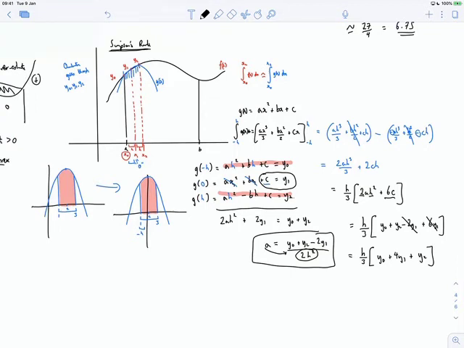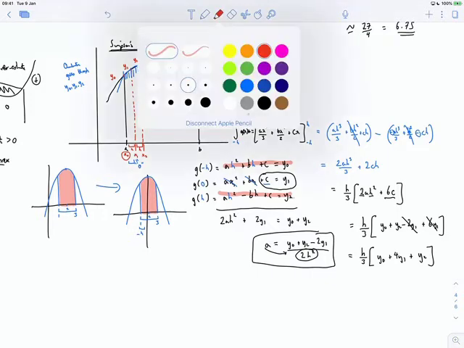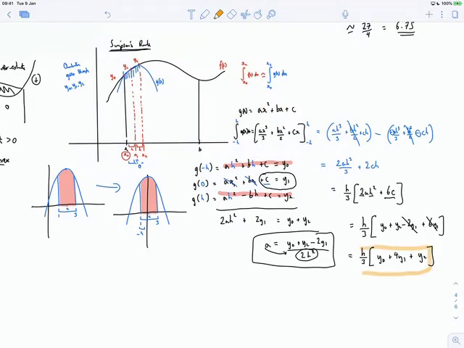Brilliant. Now, here's the great thing. This little rule here gives me the area of this bit here, these two strips that I've made from approximating with a parabola. But now think about it.